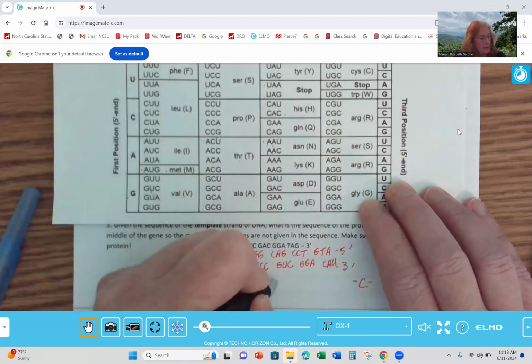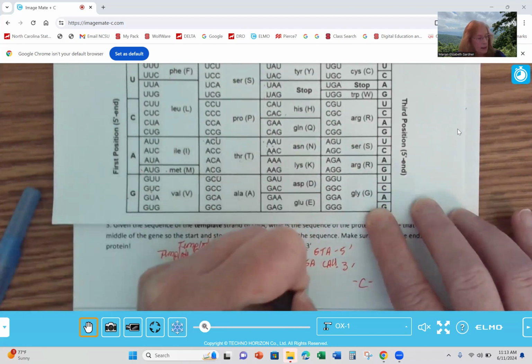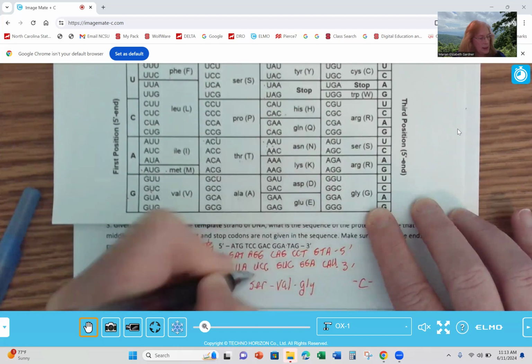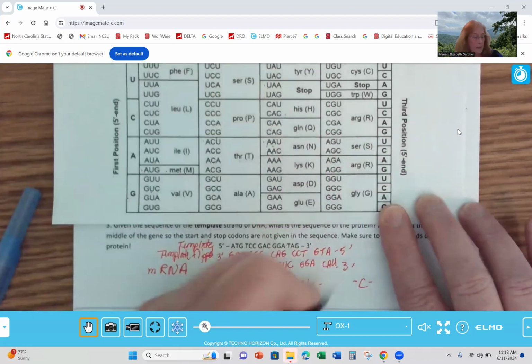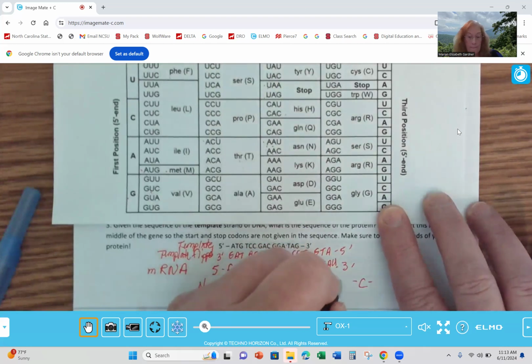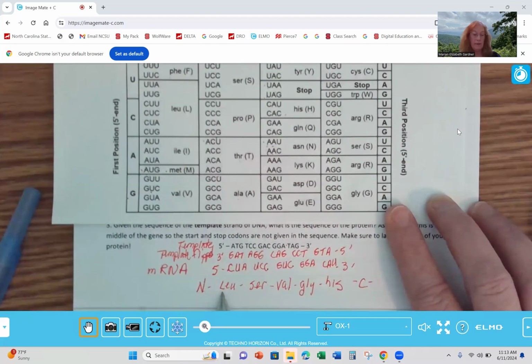GUC, valine. GGA, glycine. And CAU, histidine. So our protein should read from the N terminus to the C terminus, leucine, serine, valine, glycine, histidine.